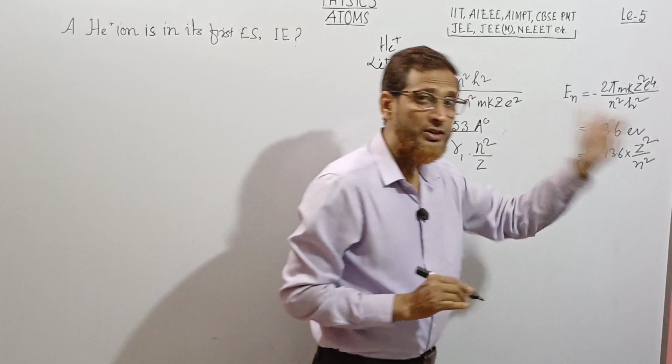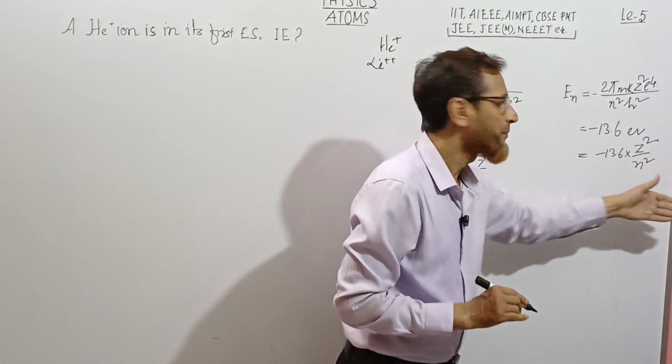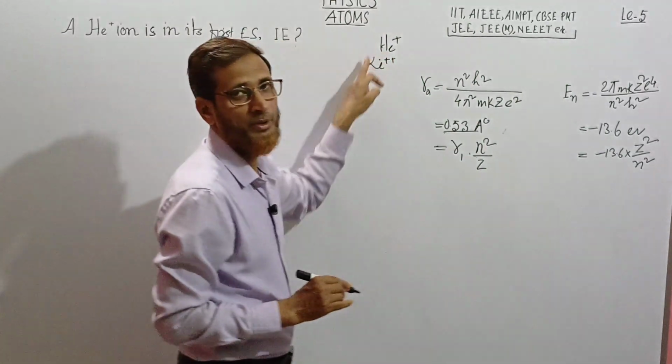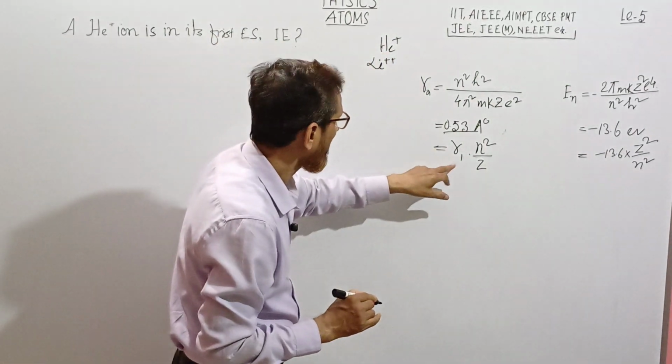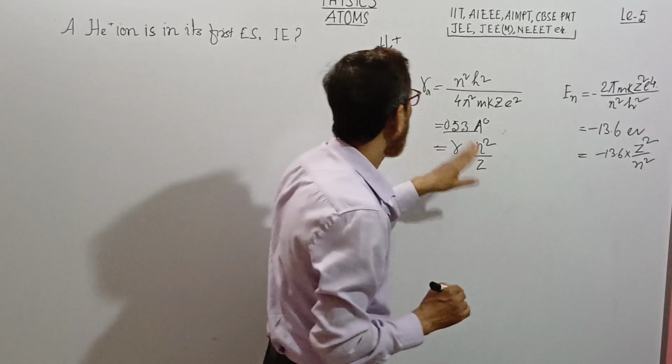Then we change the values 1, 2, 3 for n and z according to the atomic number. That is why sometimes we apply this formula, sometimes that formula.